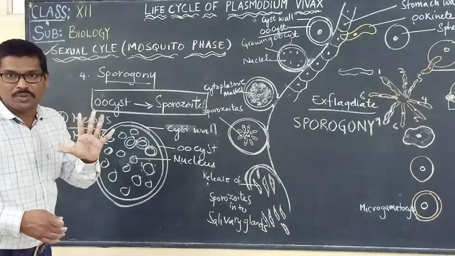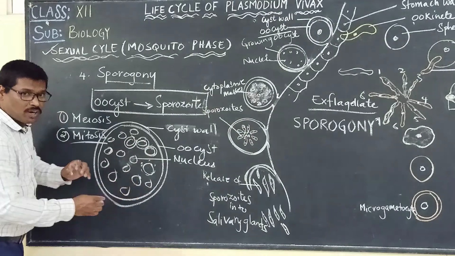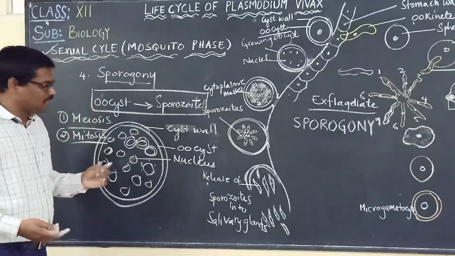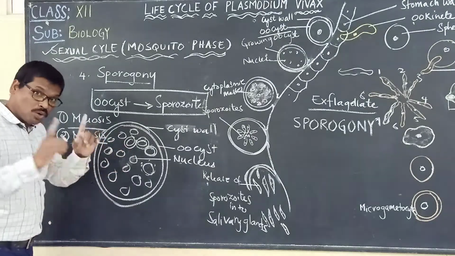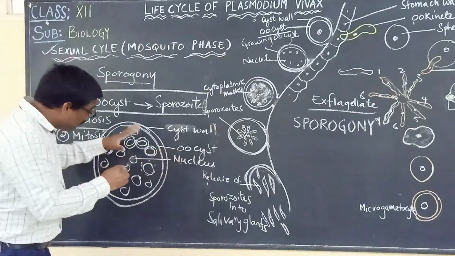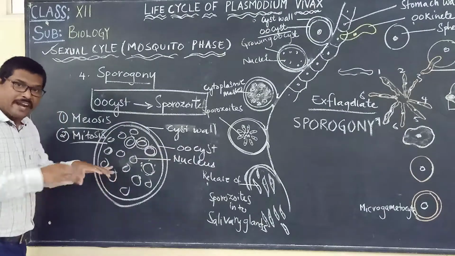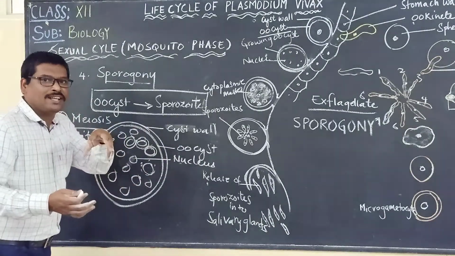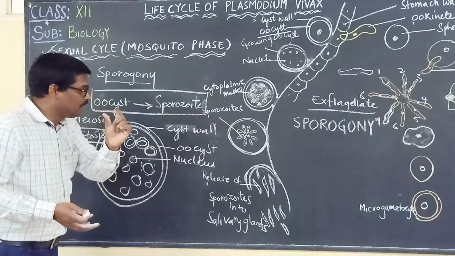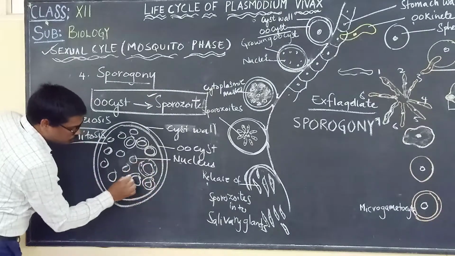So when an oocyst has many sporozoids, please remember, there are many nuclei, and around each nucleus there is cytoplasm, and each of those is called a sporozoid. Let us call them 1, 2, 3, like that.